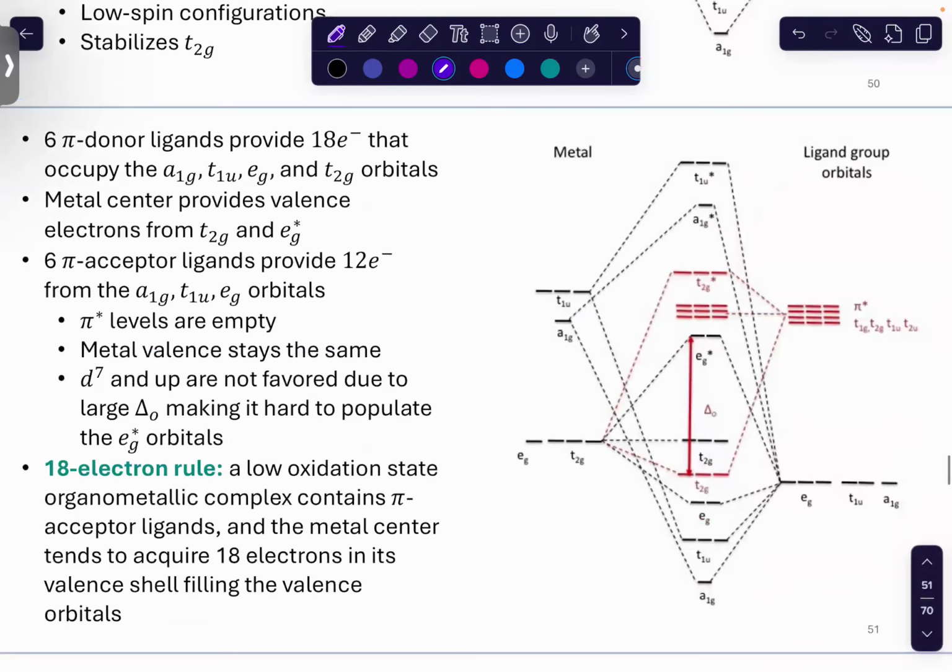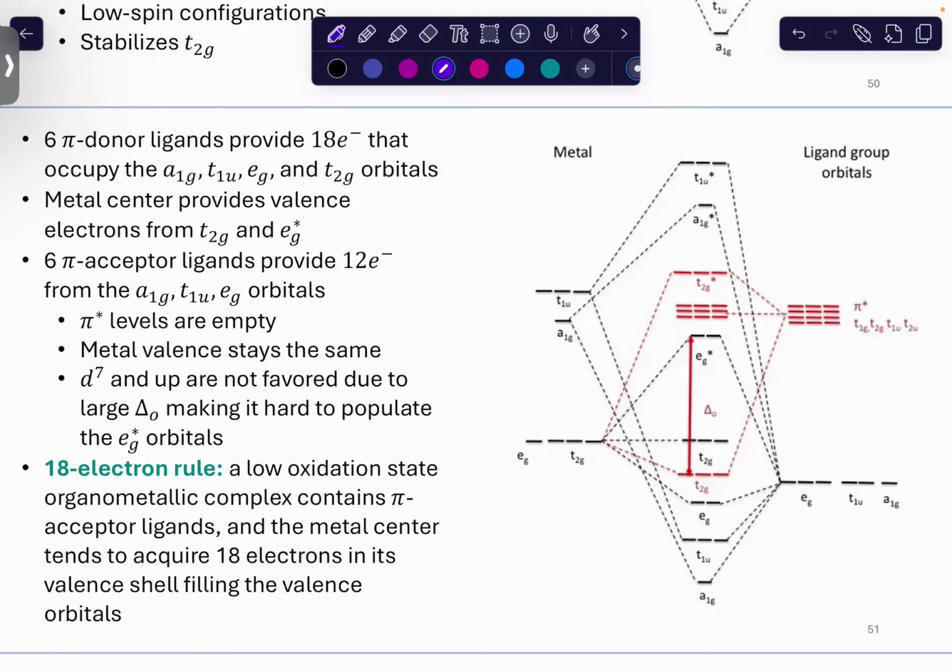There's another slide that can help out. We're getting to the 18 electron. So the 6 Pi-Donor Ligands provide the 18 electrons that occupy these various symmetry levels. The 6 Pi-Acceptor Ligands provide only the 12 electrons that you originally saw.